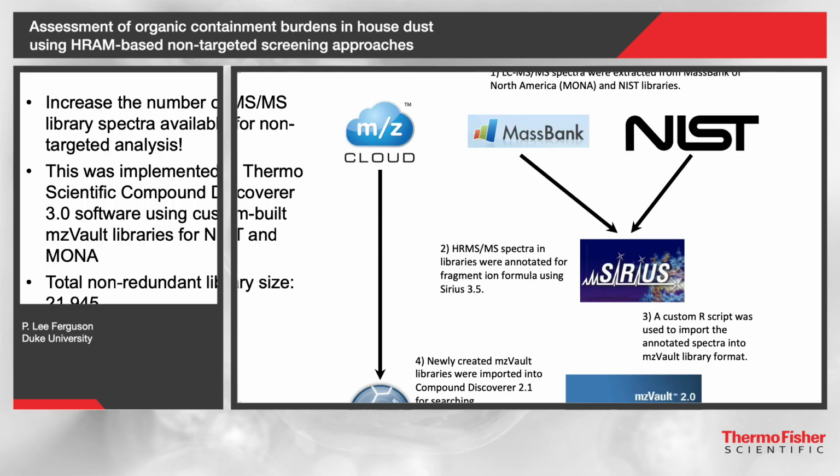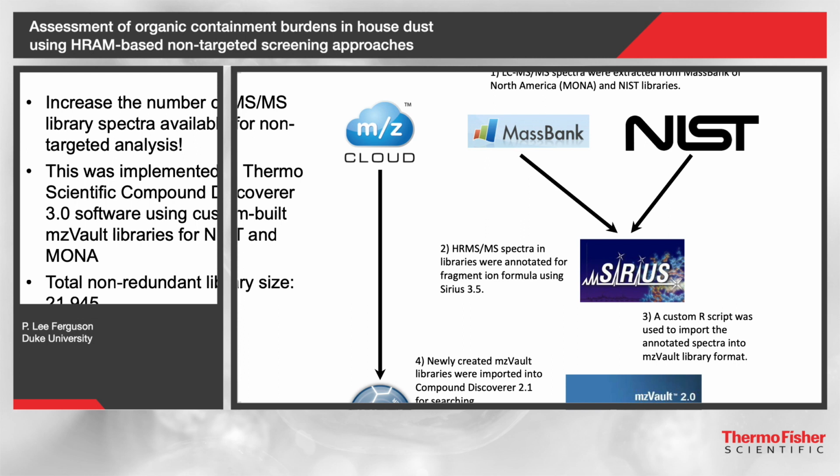What we've done is we got a little impatient before mzVault 2.1 was announced. We wanted to maximize the number of MS2 library spectra that we could access using Compound Discoverer. mzCloud is pretty easy, right? We access that directly through Compound Discoverer, but we also have MassBank and the NIST MS/MS databases that we'd like to use.